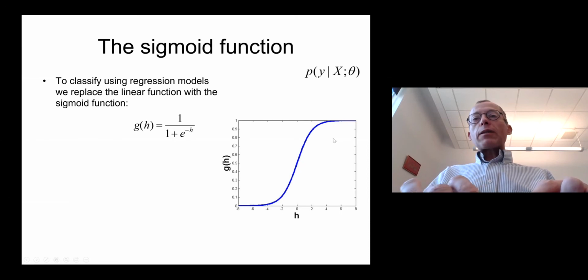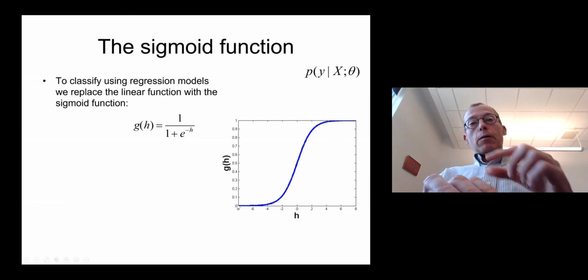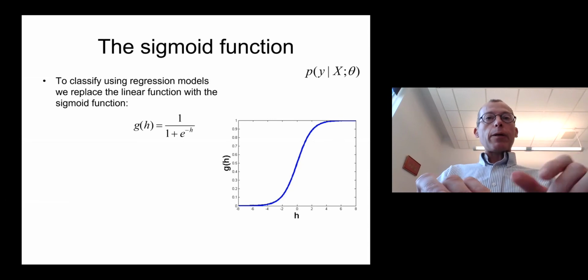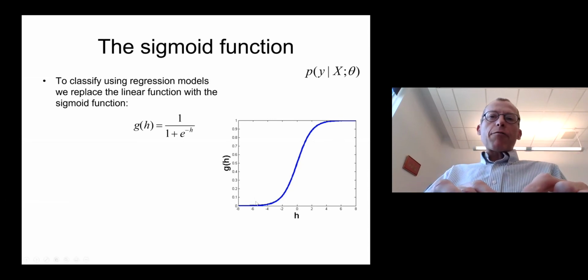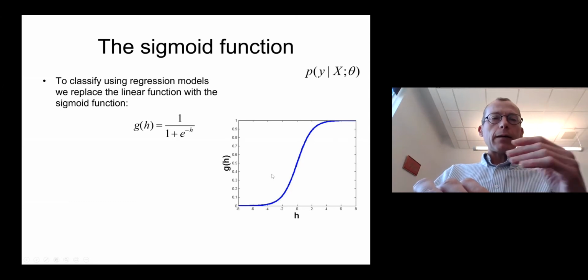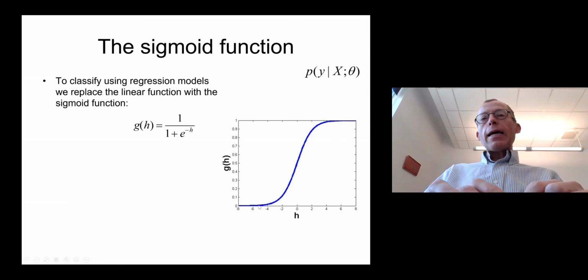The value is always between 0 and 1. When h approaches minus infinity, this will be 0, and when h approaches infinity, this will be 1. But even for very small values of h, it's already very, very close to 0, or very close to 1. And there is some slope here.